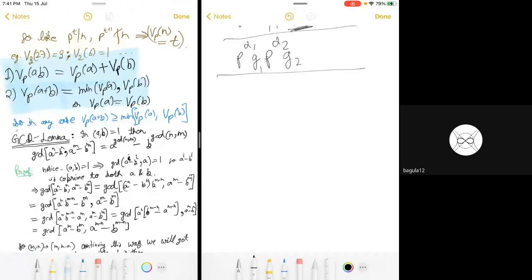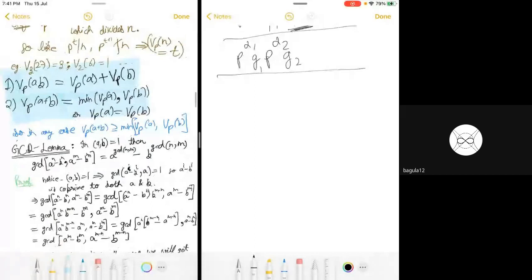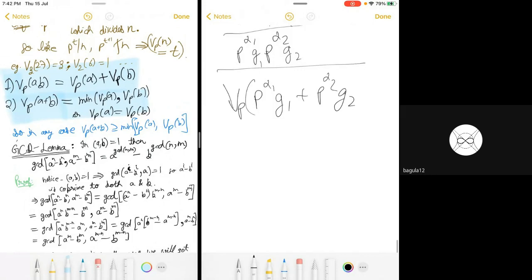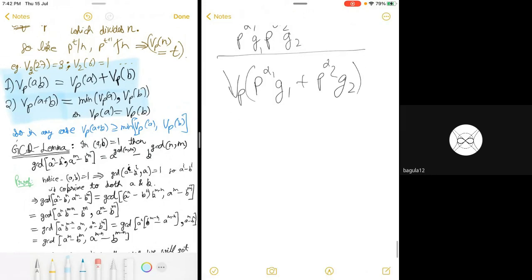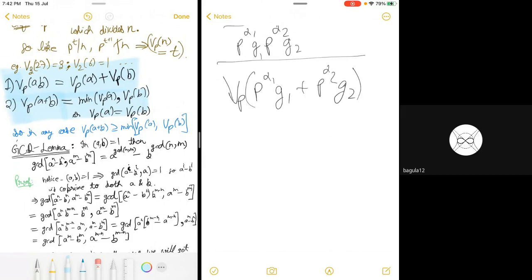Now, the second result is also very important. Suppose Vp of A is not equal to Vp of B. That means A is p to the alpha 1 G1, and B is p to the alpha 2 G2. Then what will the Vp of A plus B be? We have assumed that alpha 1 is not equal to alpha 2, so there will be some minimum among these two. Suppose it is alpha 1. So p to the alpha 1 will just come out.